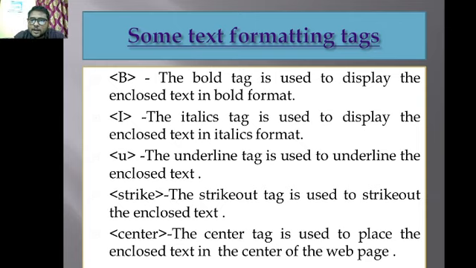I tag italicizes the text, means it gives a slight tilt towards the right hand side. Then U tag means we underline the text. Strike means we give a line in between the text. And center tag aligns the text in the center of the web page.